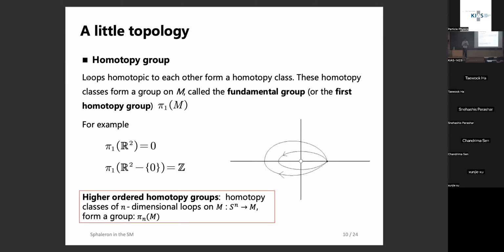They are topologically different, right? So this is why the homotopy group defined on this manifold is non-trivial, and it's the integer group. And this definition of the homotopy group can be easily generalized to higher dimension.